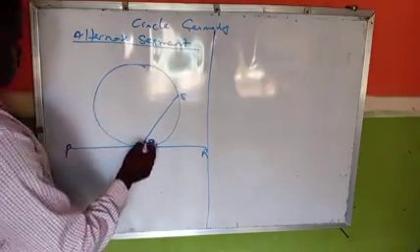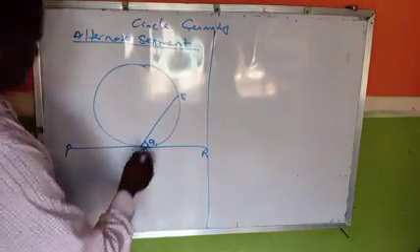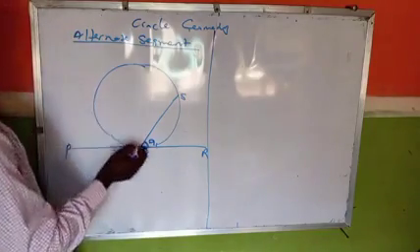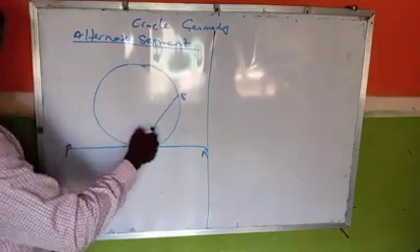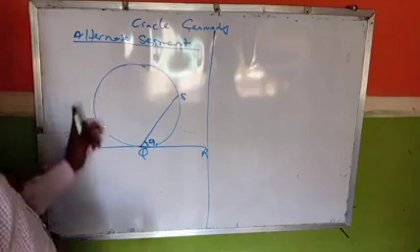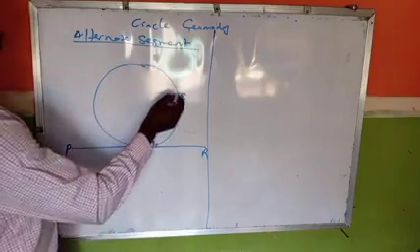We have this angle now. We want to prove that this angle is equal to any angle that the remaining part of the circumference subtends, like this.